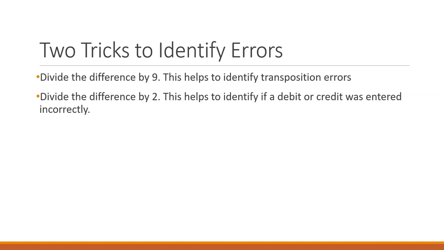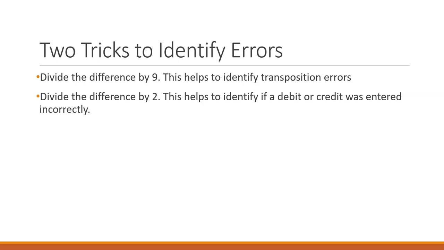We subtract debits minus credits, and we get the amount that our trial balance is off. If that is equally divisible by 9, meaning that we get a whole number with no decimal points, this tells us that we have a transposition error.